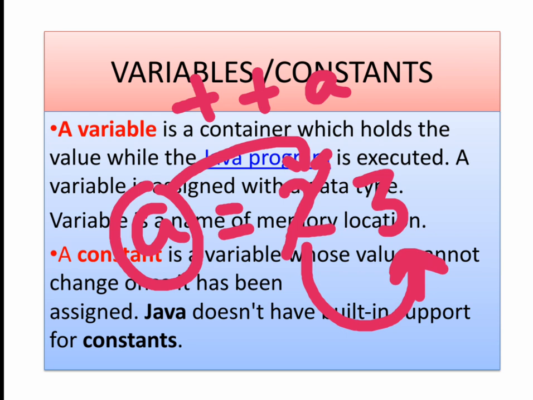Okay, and what is constant? 2 is a constant. Now you say, sir, 2 has changed, no? No, 2 has not changed, but 2 has been replaced by 3. Similarly, again, if we use ++a, then 3 will be replaced by 4. It doesn't mean 2 has lost its identity.